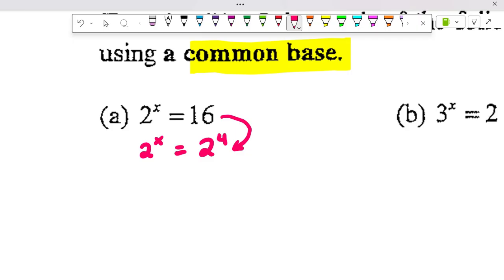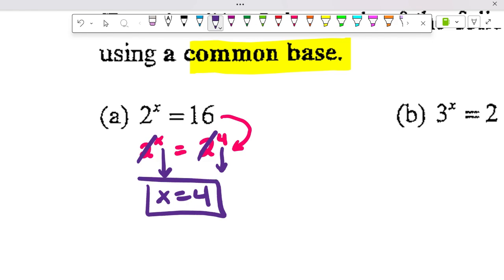Now, here's the nice thing about common bases. Once you get the common bases, you can essentially mark out the common bases and bring your exponents down. x equals 4. And that's your answer. Because think about it.